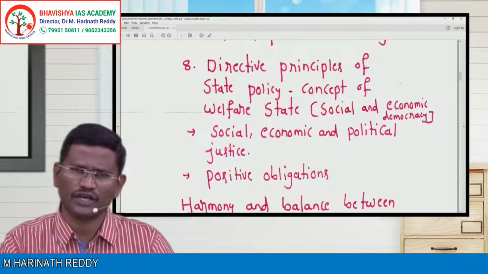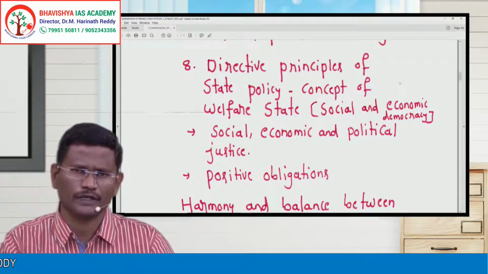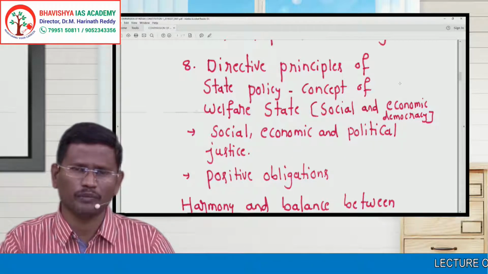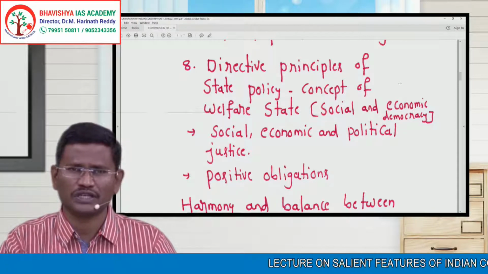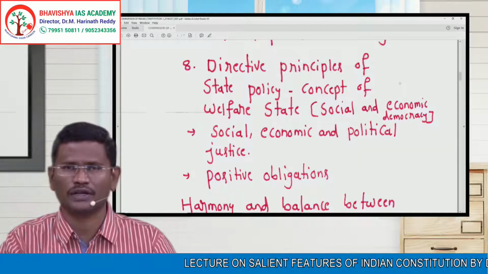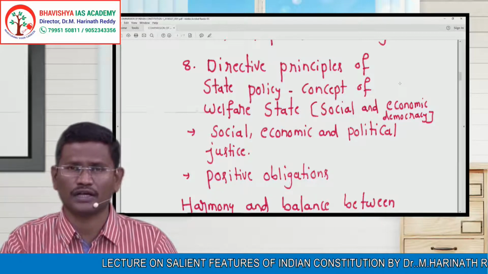See, at one point of time, the Indian Supreme Court said that fundamental rights are more important than directive principles of state policy. Directive principles of state policy are subordinate to the fundamental rights. Champakam Dorairajan case.